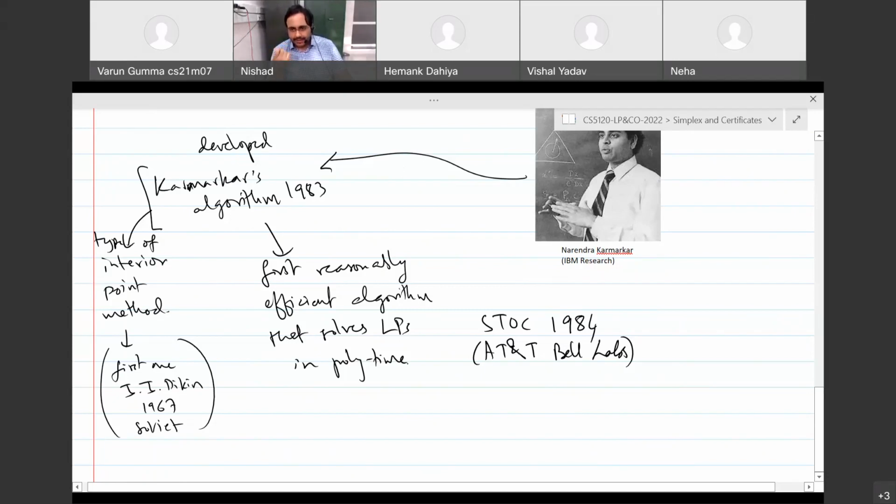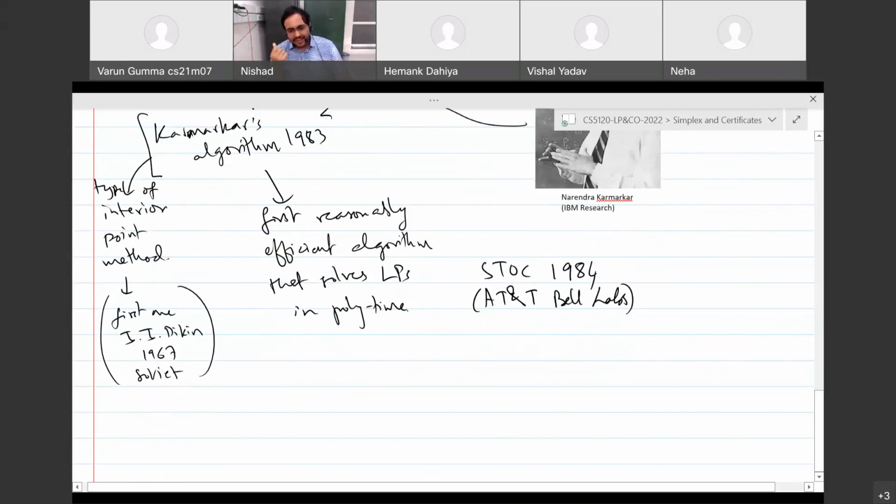I don't think it is as efficient as Simplex in practice. I think Simplex is still the most widely used algorithm in industry. So AT&T Bell Labs was like, well, this actually seems useful, so let's patent it. So in 1985, they applied for a patent.